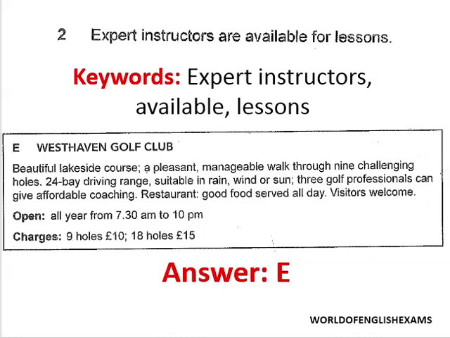So it's only talking about climatic conditions. 3 golf professionals can give affordable coaching. See, 3 golf professionals are nothing but expert instructors, can give affordable coaching. Coaching is nothing but available for lessons. So which paragraph contains this? E. Hence the answer for the second statement is E. I hope you are able to follow me. Moving on to the next one now.